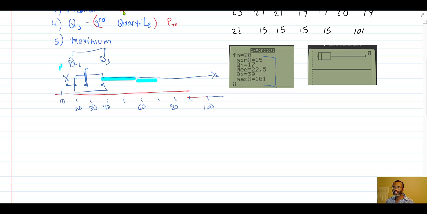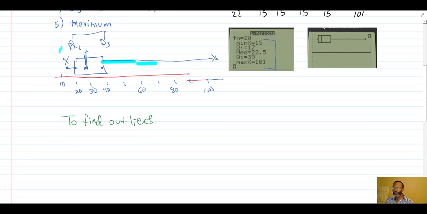And let's define that a little bit more precisely. So anytime you have a box plot, we may have to find the outliers that are there. To find them, we need to look at the box, at Q3 and Q1, and find that difference.